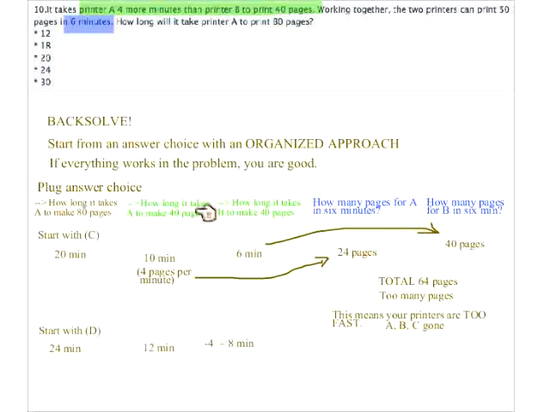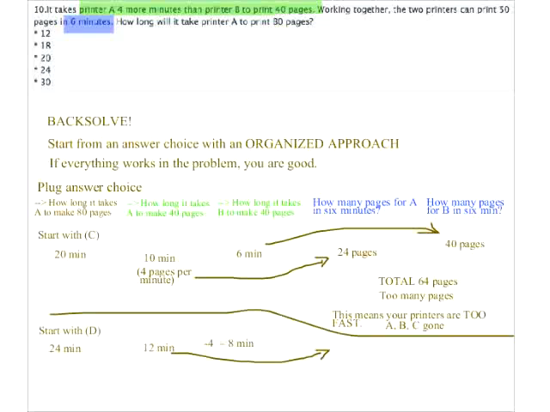So A makes 40 pages in 12 minutes. That means it will make half as many in 6 minutes. You don't need to do per minute here. So if 12 minutes is 40 pages, then 6 minutes is 20 pages.